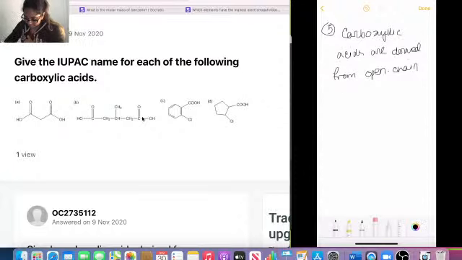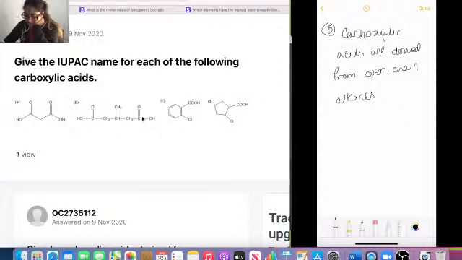Alkanes, right? Your hydrocarbons. And so basically, when you have carboxylic acids, the terminal E of the alkane would be replaced with oic acid, right?